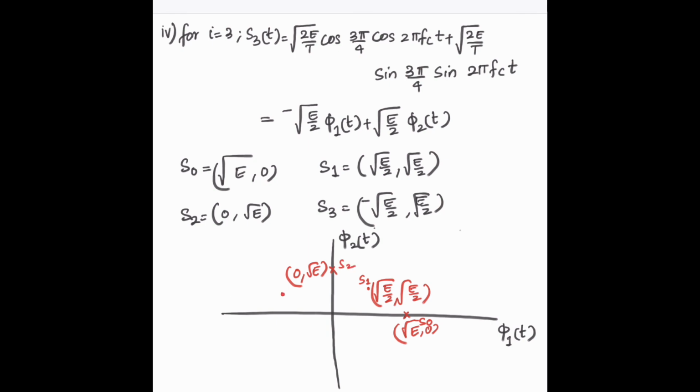Then you have S3, minus root E by 2, root E by 2. In this way you obtain the signal constellation diagram. So this is how you solve the problem.